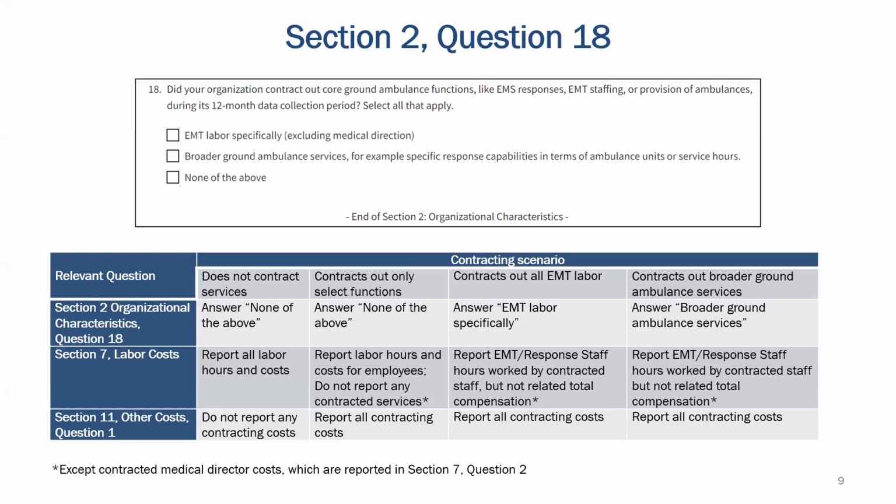You'll be asked to provide some basic information about the types of vehicles or facilities involved in providing this service to your organization, but you won't be required to fill in per vehicle or per facility annual costs. Instead, that expense information in all of these cases gets reported in section 11.